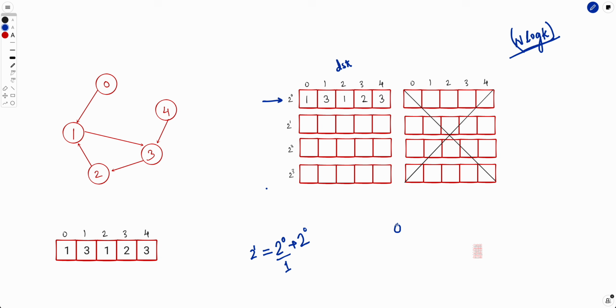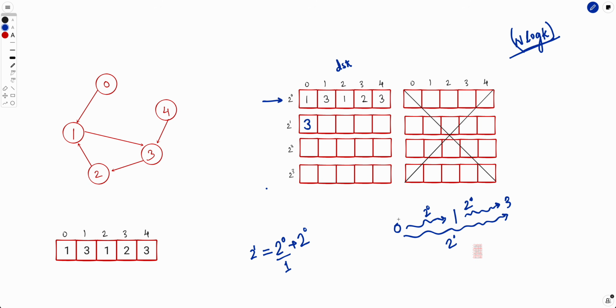So we are saying that from 0, after one throw, ball will be with 1. From 1, after one throw, ball will be with 3. So after 2 power 0 throws and another 2 power 0 throws, in total, after 2 power 1 throws, from 0, ball will be with 3, right? So this value would be 3.